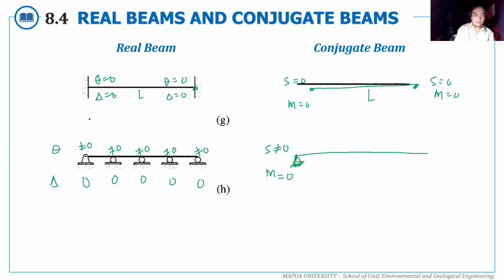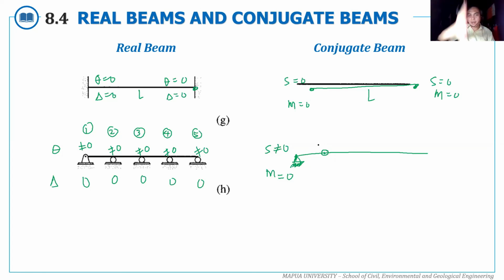Okay. So ito yung sa joint 1. Joint 2, tawagin kong joint 3, joint 4, joint 5. Okay. Sa joint 2, ano yun? Ano ilalagay ko sa joint 2 para may shear pero walang moment? The internal hinge, diba? Ang internal hinge, may shear force pero walang moment.